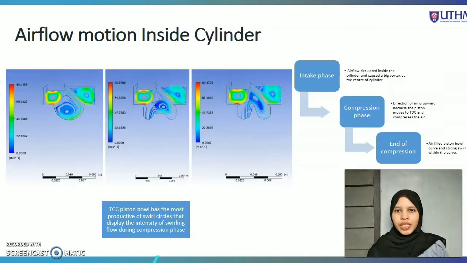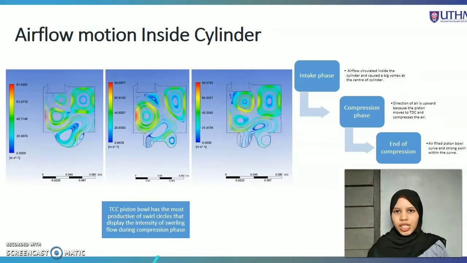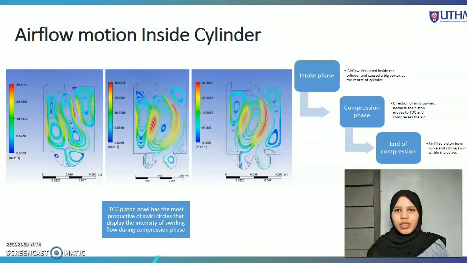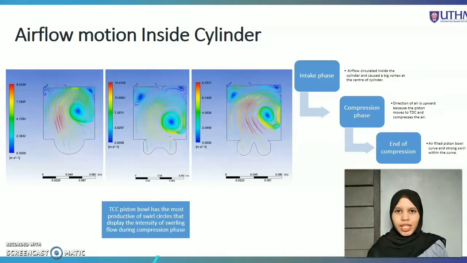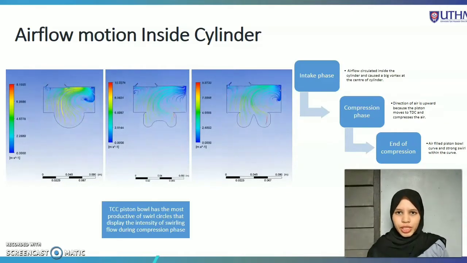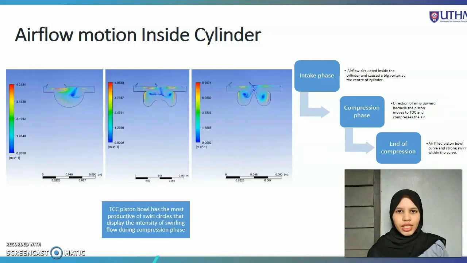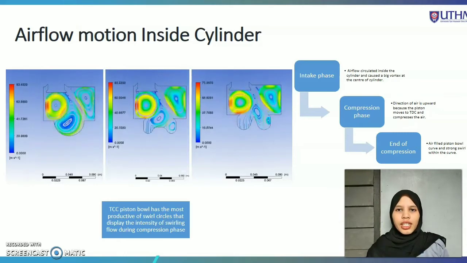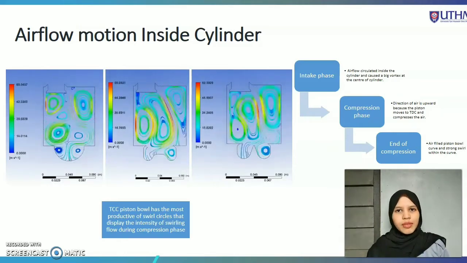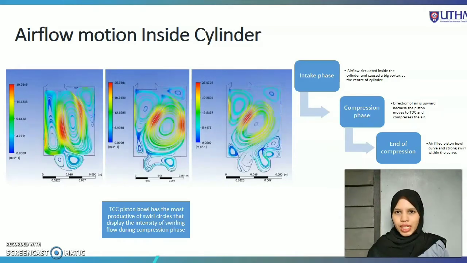Then, observation of the air motion is conducted during the intake phase and compression phase. During the intake phase, the air is moving downward and creating a big vortex at the center of the cylinder. During the compression phase, the air is moving upward as the piston moves to the top dead center.